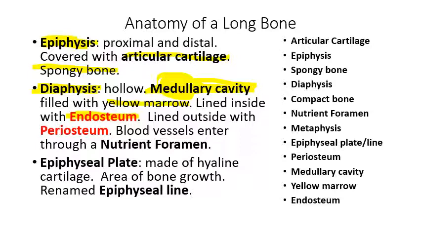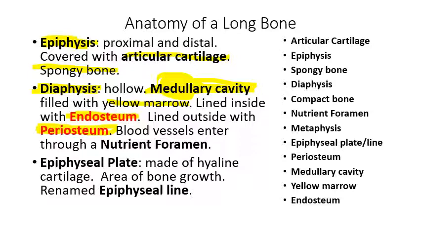Osteum means bone, and the word peri means on the outside, around the outside, or around the perimeter. Perimeter means out at the outer edges. So for all bones, we have two membranes. One membrane is on the inside, one membrane is on the outside. The membrane on the inside is called the endosteum. The membrane on the outside is called the periosteum.